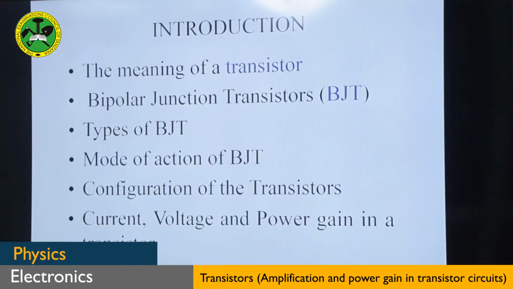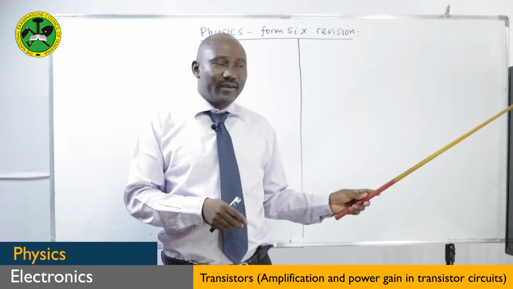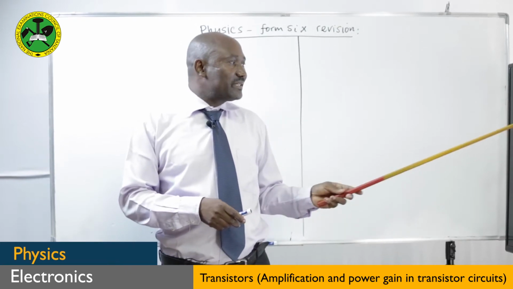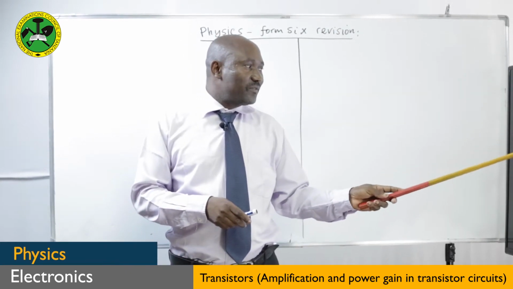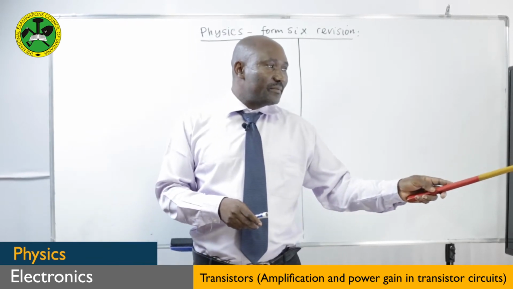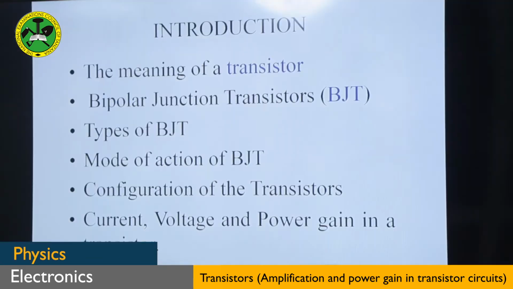Now, to start with this part of electronics, today we're going to discuss the transistor. But before we discuss amplification and power gain, we're going to see what we mean by the word transistor, and what the types of bipolar transistor are, which are given the name BJT, bipolar junction transistor.